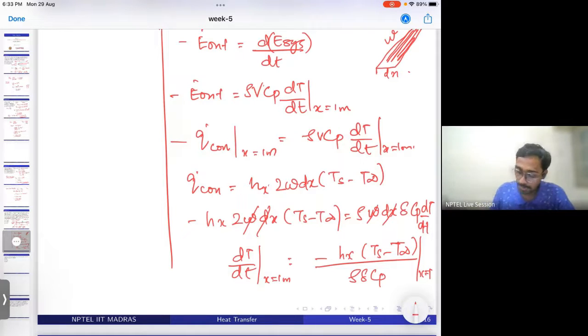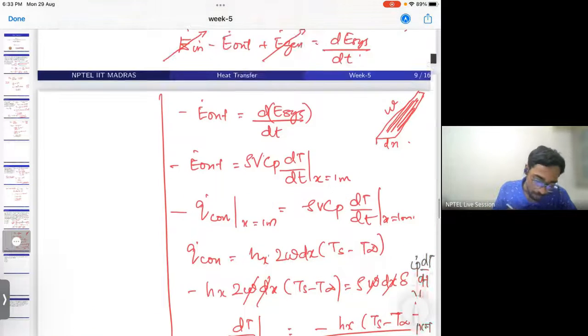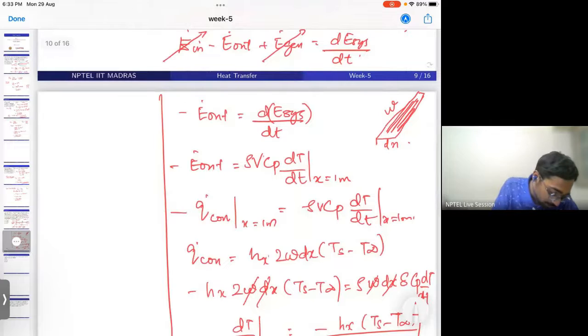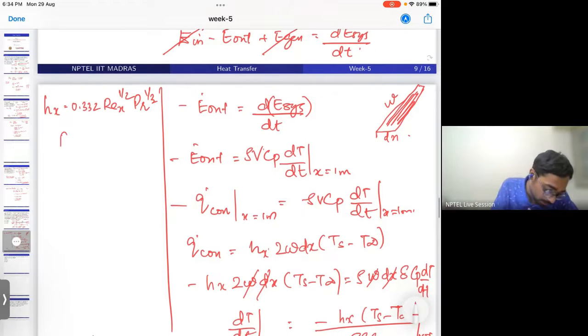So next is simple. I am writing this here. Hx we already know, that is 0.332 Reynolds number raised to half, Prandtl number raised to 1 by 3. The Reynolds number is u infinity x divided by mu.